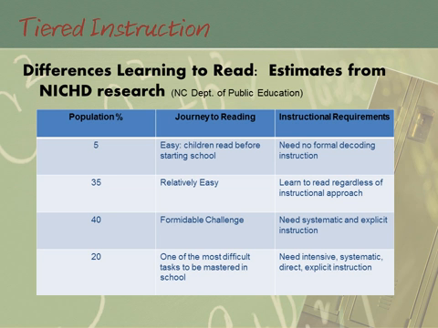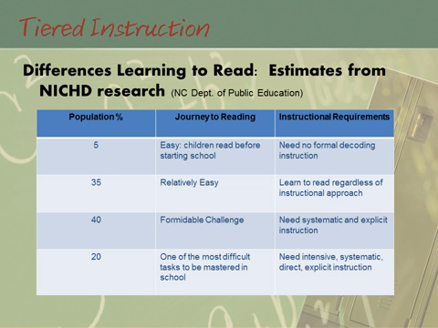I put this slide in here just for your information and for your own interest. If you look at the column on the side here under population, we have 5%, 35%, and 40% of the population. These are the students that may do well with tiered instruction in the classroom even before they're identified with possibly having a learning disability or a need for special education. In the process of learning how to read, 5% of the children will have a really easy time, 35% will have a relatively easy time, and then we look at the 40% that will have a formidable challenge, and they may need systematic and explicit instruction.